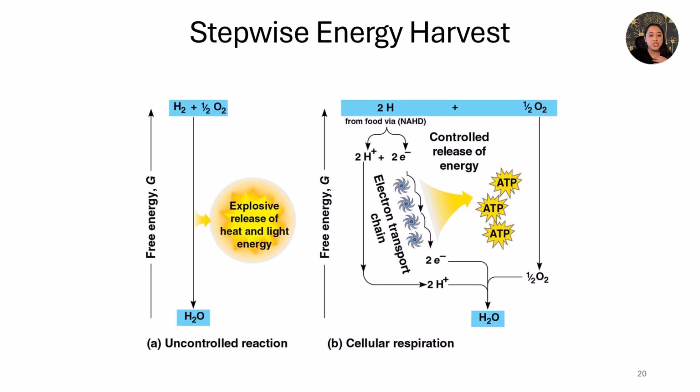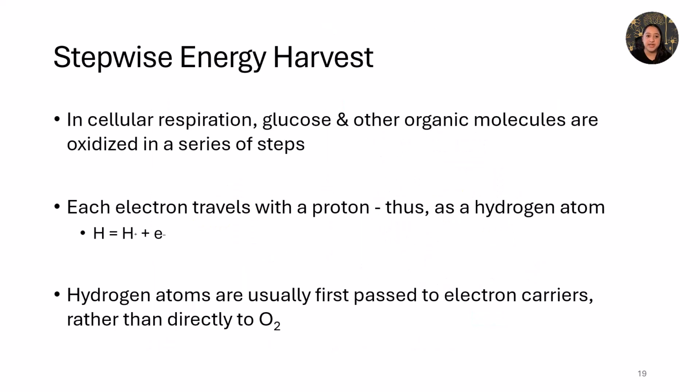And we have this hugely complicated electron transport chain, but it's for a reason. It's to help manage these controlled reactions. So this oxidation happens in a series of steps.